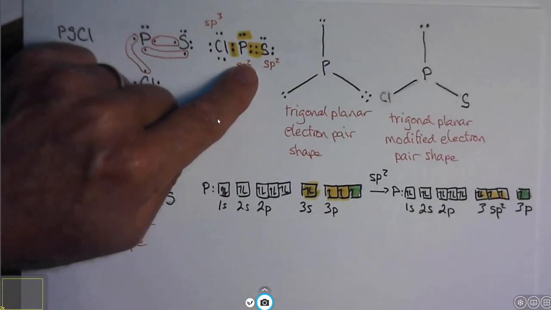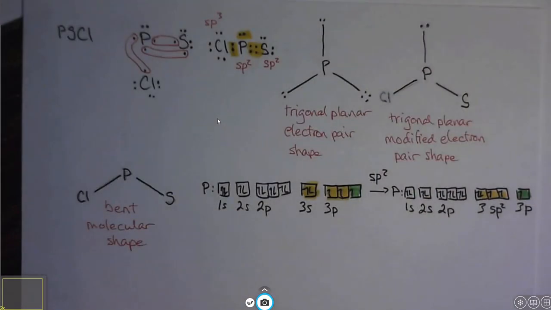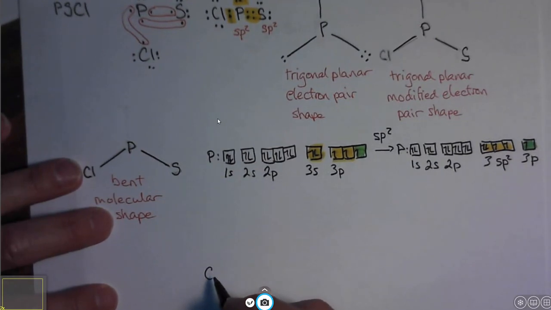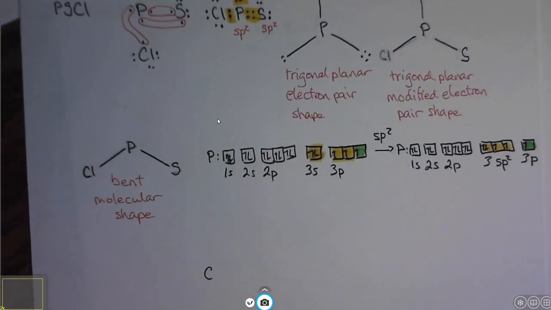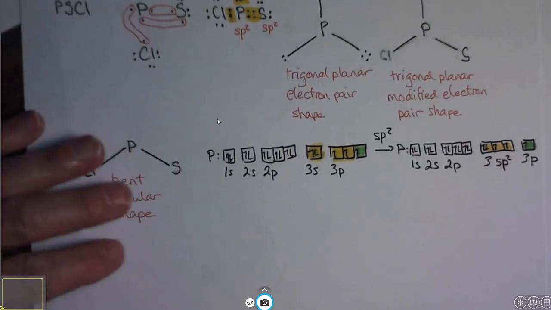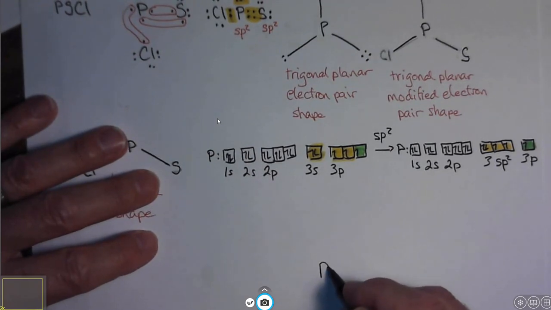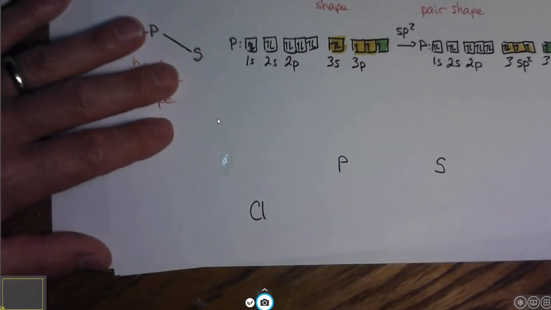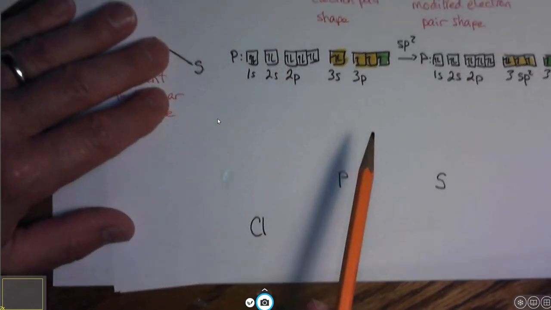This molecule here has a double bond. Actually, I should put that down a little bit, not on a straight line. Let's put the phosphorus here and the chlorine here and the sulfur here. Okay, I want to look at the double bond first.